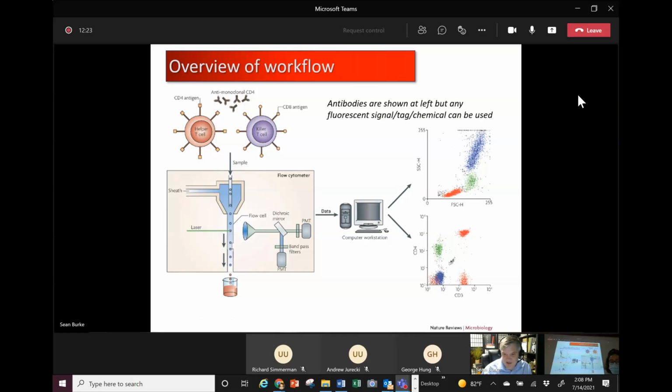The fluorescent tags are going to fluoresce different colors, and that's going to go into a whole series of detectors. That data is going to get stored in a computer, and in the end, every single cell is going to turn into a little dot on charts, right? And on these little charts on the right-hand side, there's all sorts of little dots in here. Each one represents an individual cell and a measurement that we've taken from that cell, right?